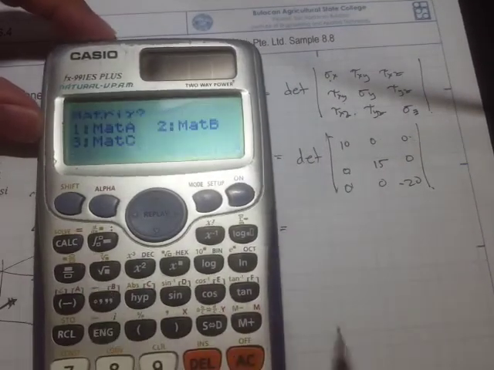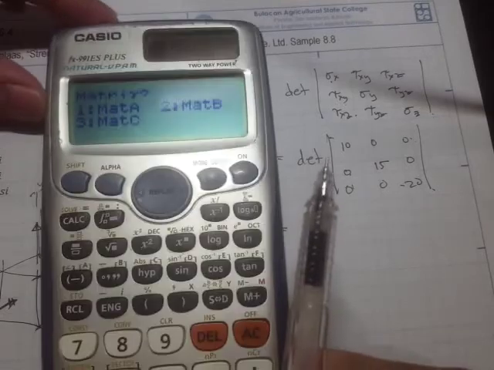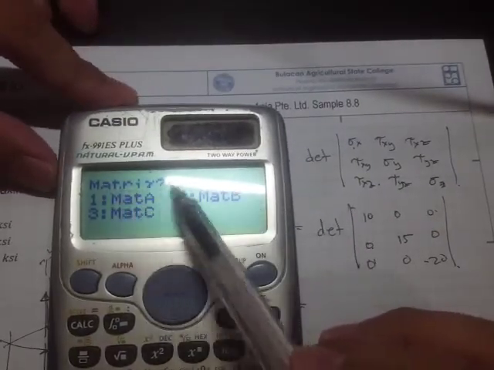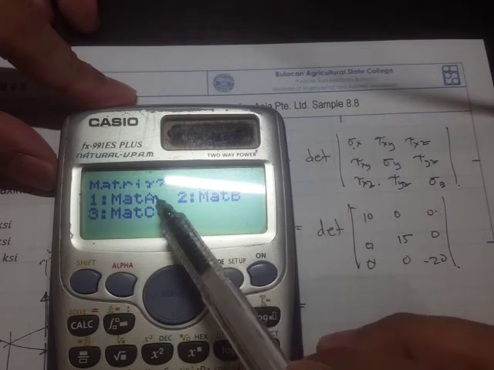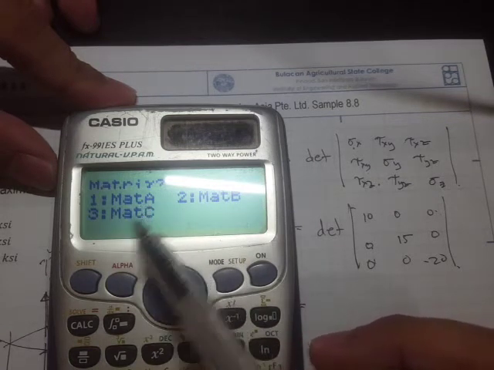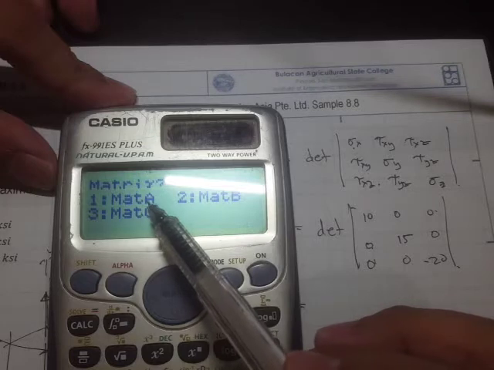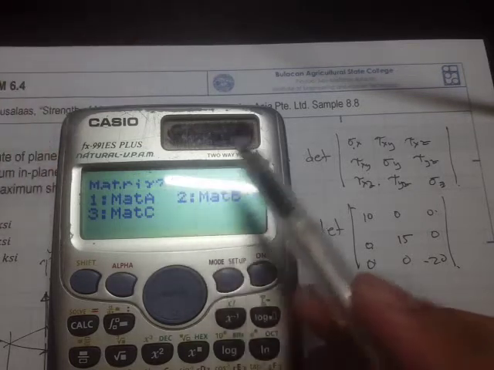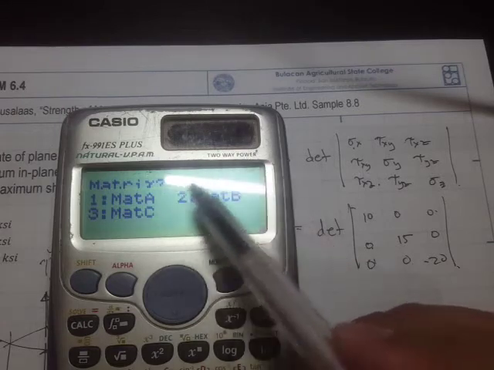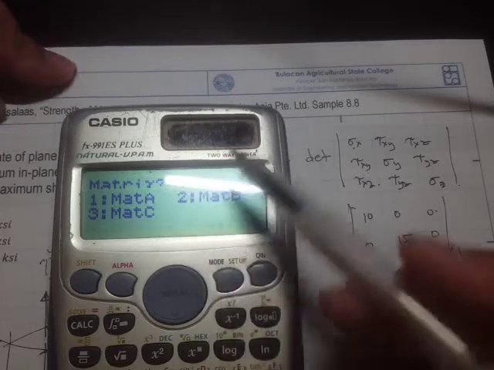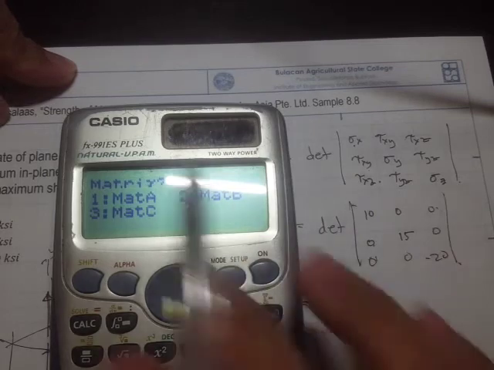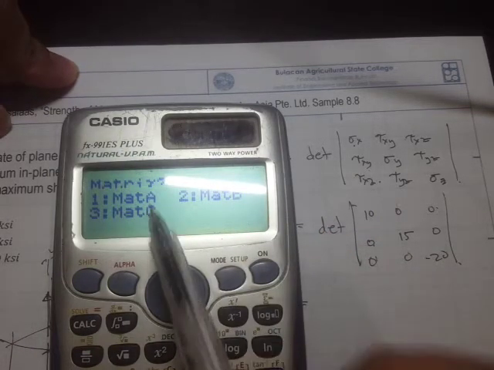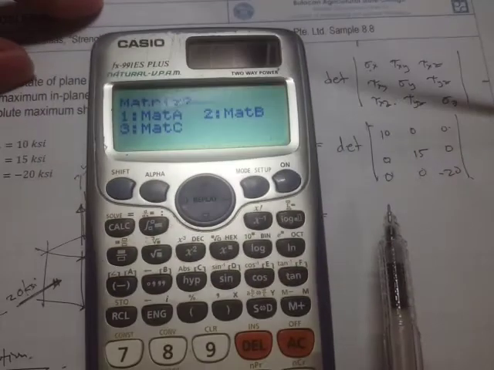Let's press the button 6 because that's matrix, and it asks a question here, matrix, with a question mark, and we are going to input the data. That's matrix A, so we can input in A, B, or C, because sometimes it's also possible to add matrices or multiply matrices. But for us here, we only need one set of data, and let's say we are going to store this matrix in A. So let's press 1.